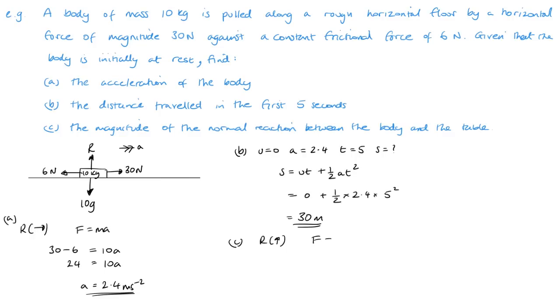If we do it from the start, we've got R minus 10g equals 10 times 0. So R equals 10g newtons, or R equals 98 newtons.